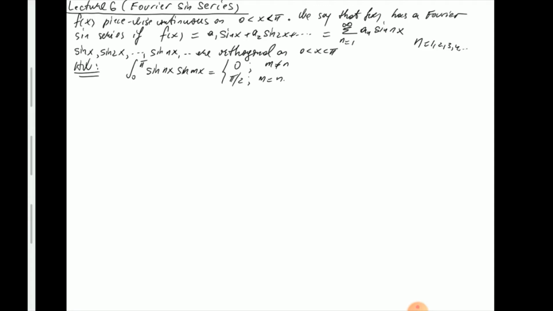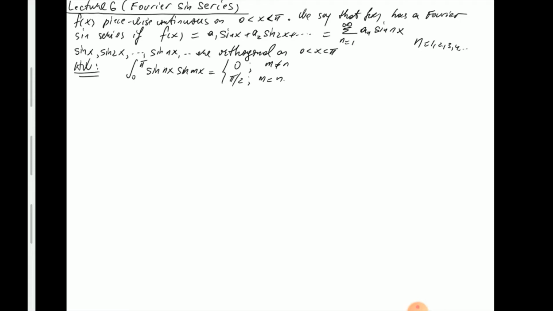Let me check if I remember this; I think this was a homework. I want to make sure that is the case. Yes. Okay, so we proved it before for cosine nx, cosine mx.